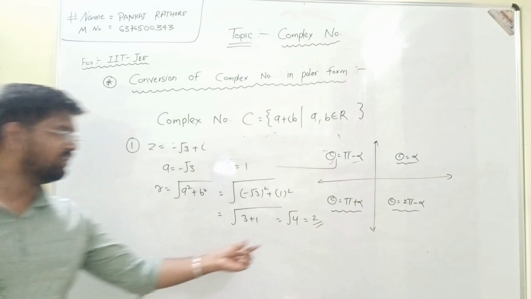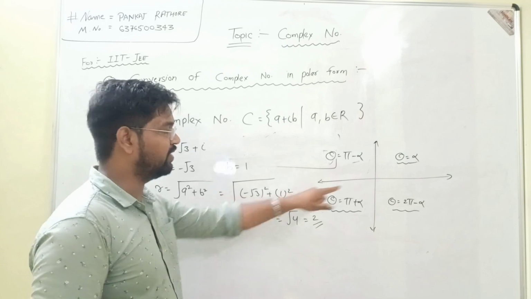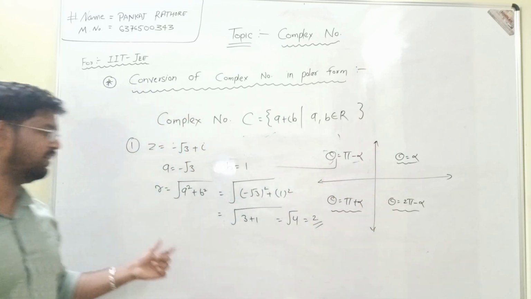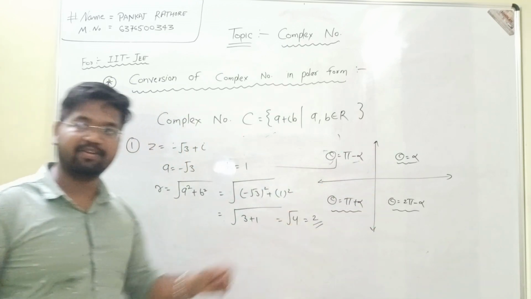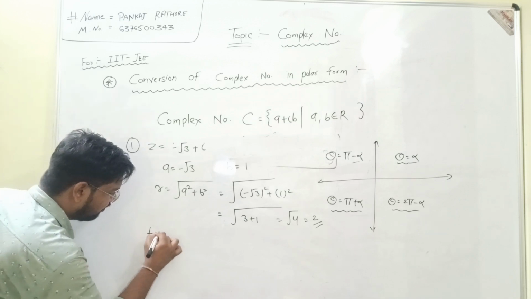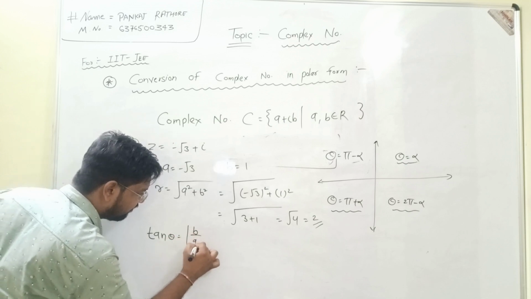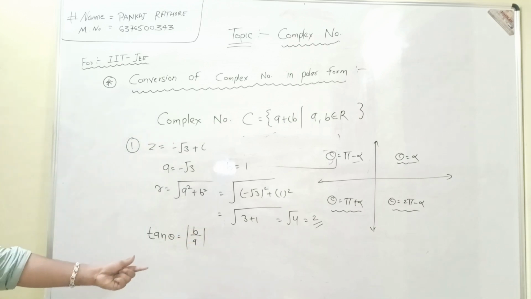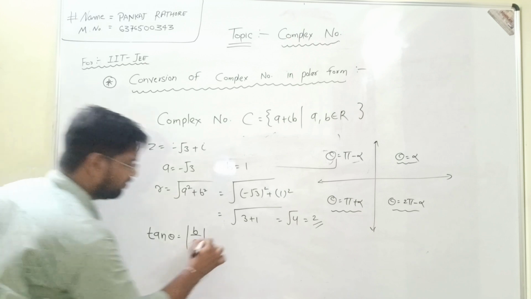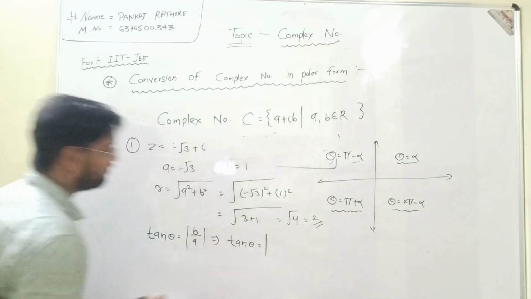Why should we not take it as minus 2? Because this is a distance from the origin, so we can't take it as negative. Now we will find the theta. So the formula is tan theta equals the modulus value of b by a. Now what's the value of b?